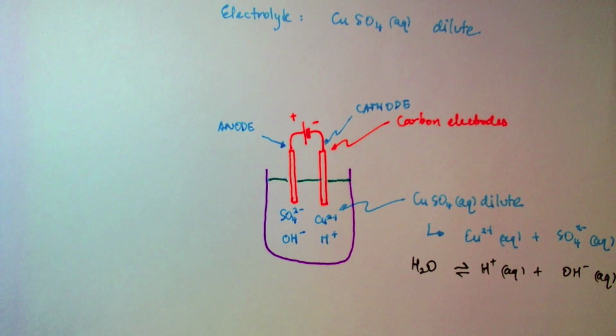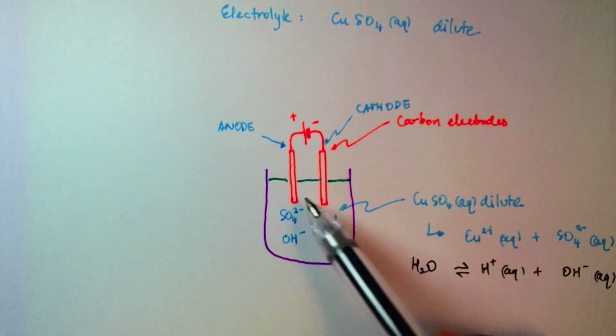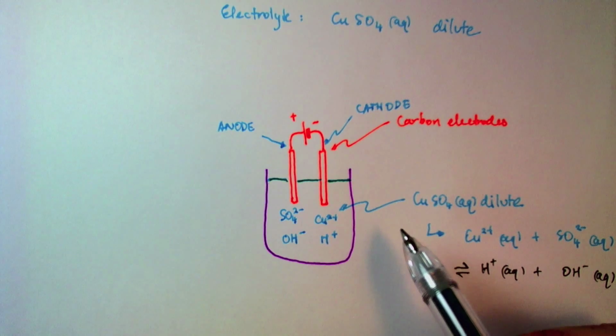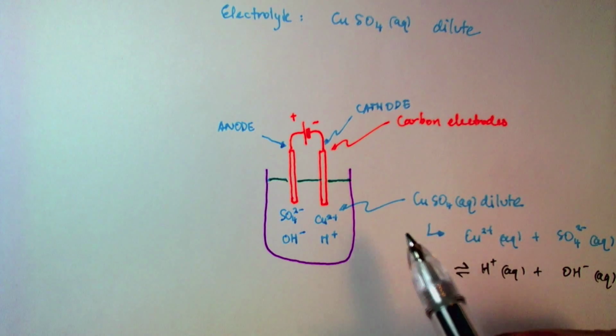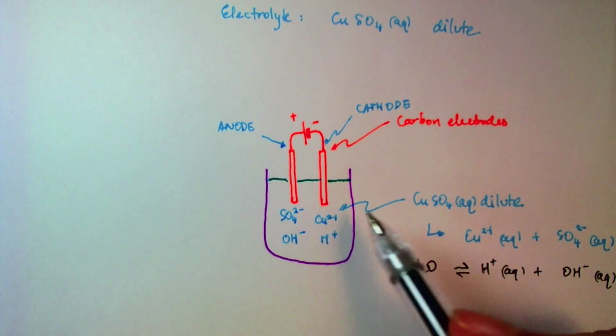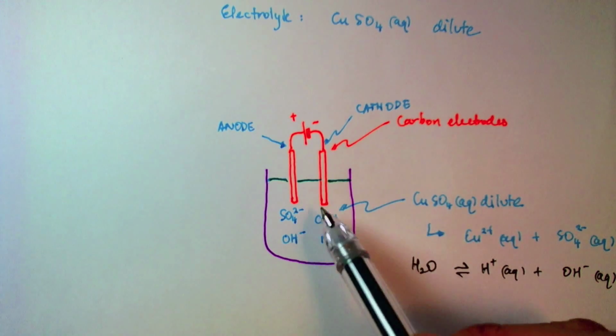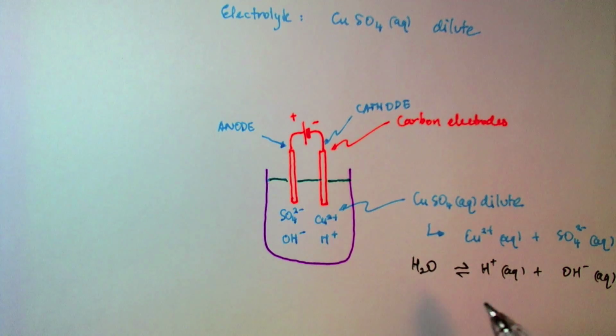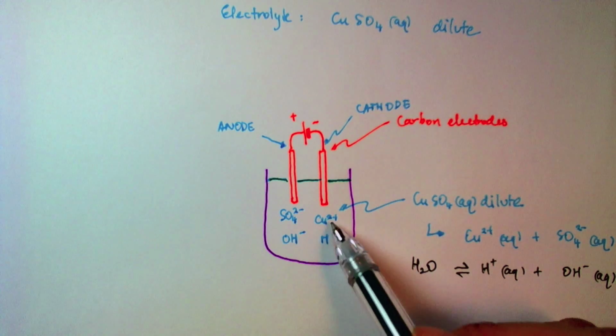Now remember, the rules of the game are that at each electrode I can only have one species, or one particular type of ion, be discharged. So for example, at the cathode I have copper and hydrogen ions, but I can't have both of them be discharged.